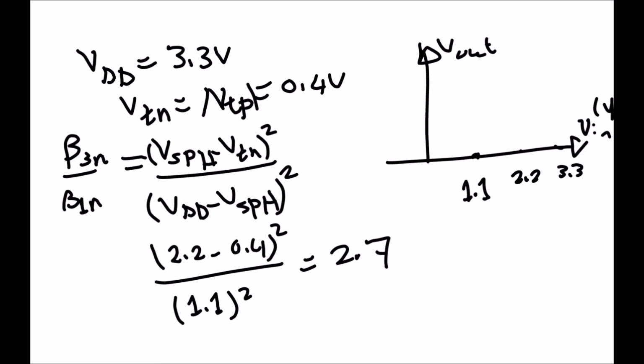For the P side, it will be exactly the same, which means beta 3p over beta 1p equal to 2.6. Someone may ask the value of M2. We have not talked about this. So this is N1, this is N2, this is N3.